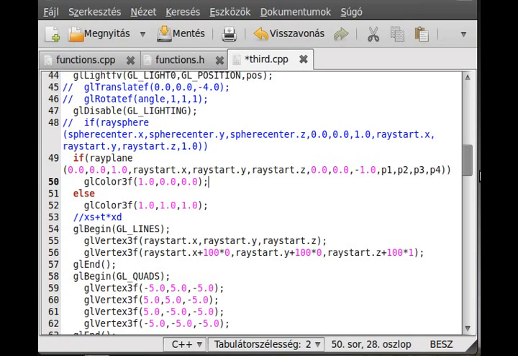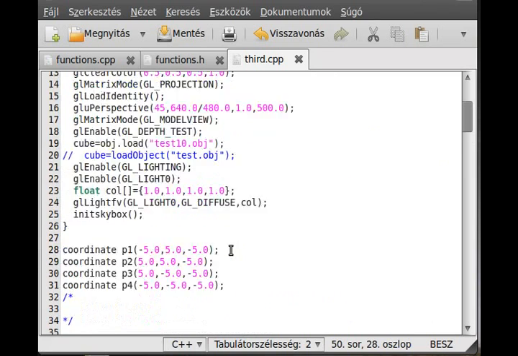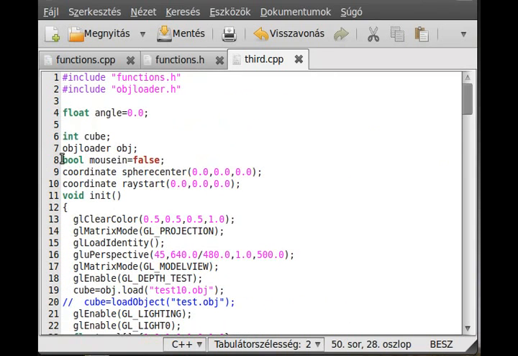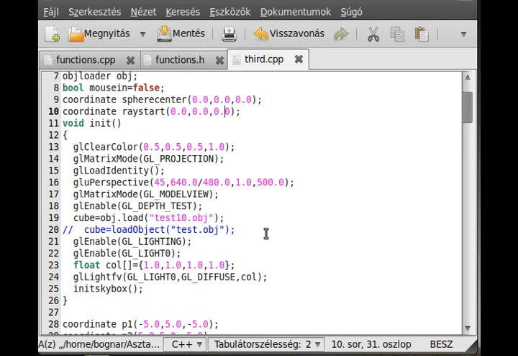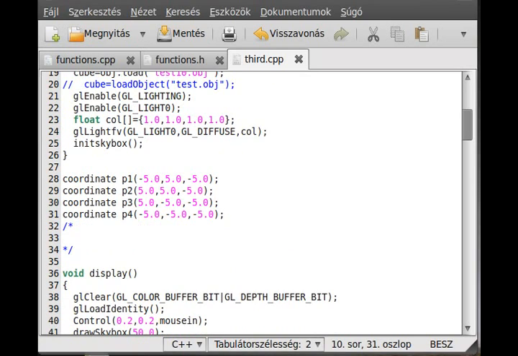Okay then, and now I think we can run the program if I don't forget anything else. Yeah, I moved the ray start z coordinate from -5 to 0. That's all. I think that's all that I did, so nothing really interesting.